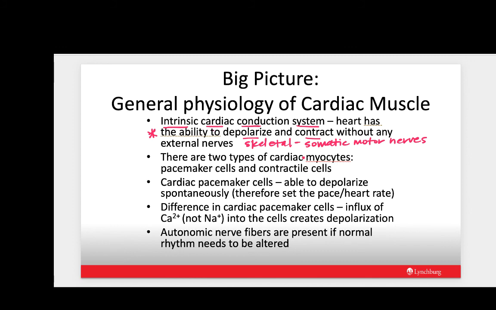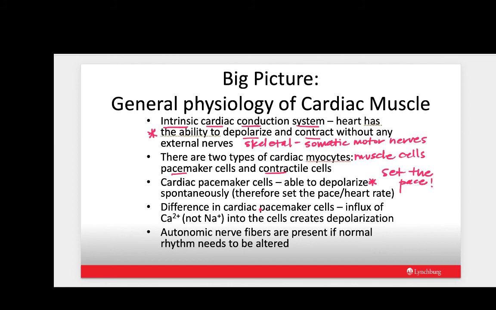There are two types of cardiac myocytes, or cardiac muscle cells. These are pacemaker cells and contractile cells. It's the pacemaker cells that are able to depolarize spontaneously. Basically they set the pace of the heart contraction, and that's why we call them pacemaker cells.